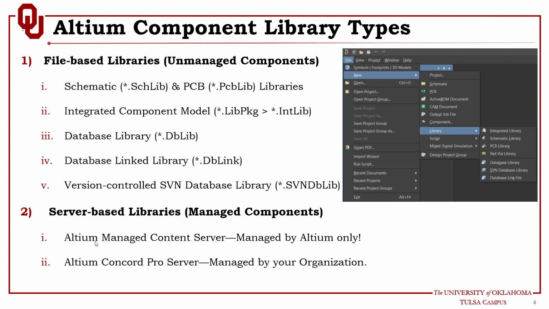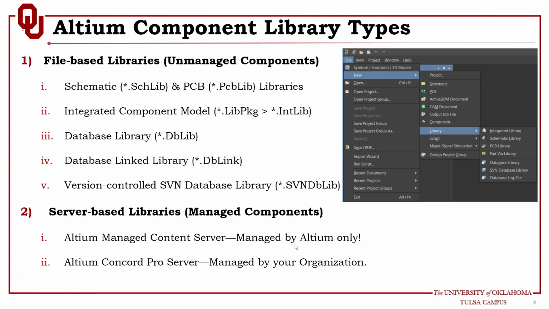As for Vault, just a comment about this Altium Managed Content Server or Vault. These are indexed in the manufacturer part search. Altium includes a comprehensive, globally accessible, electronic design-oriented data storage and access server system, which is accessed through the Explorer panel, and all that is basically indexed in the manufacturer part search.